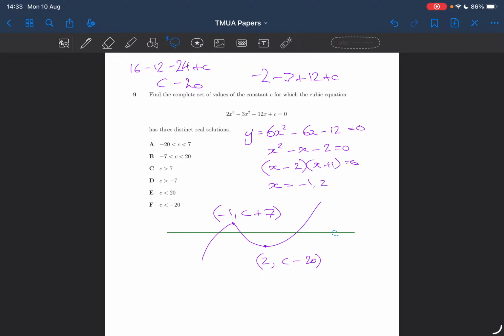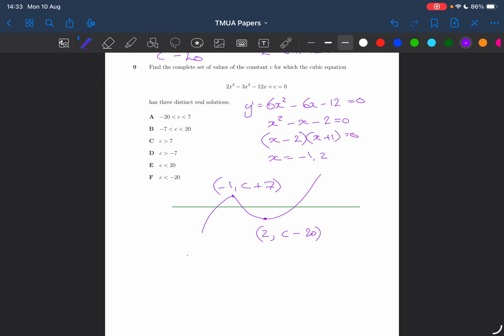So this is good. So we're living in here somewhere. You can see that we have the ability to go as long as this thing is below our axis. So as long as this is negative. So we need to make sure that C minus 20 is negative and that we have C plus 7 positive.